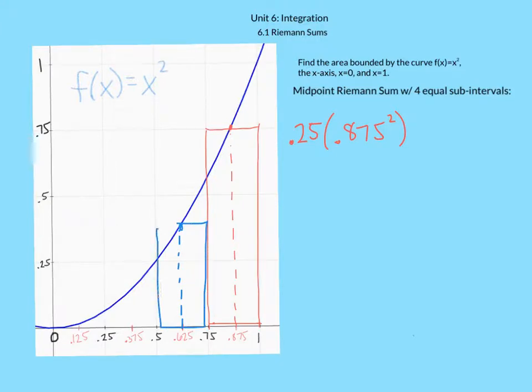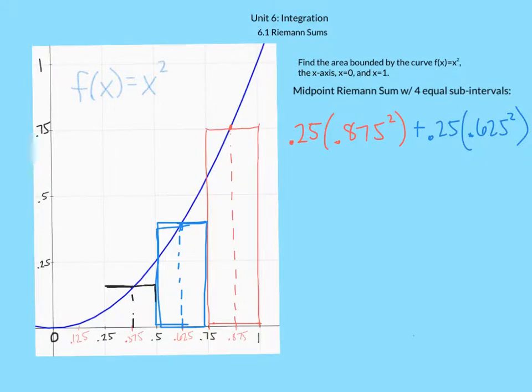But as you can already see, this is definitely a better estimate than just the left or the right Riemann sums, just because it's a little bit over the curve, a little bit under the curve. It's not overestimating or underestimating as severely as the left and right were on their own. So, okay, let's look at this one. Again, the base length is 0.25 and our height is what we get when we plug 0.625 into our function, which is 0.625 squared. Our next one will be the height provided by 0.375.